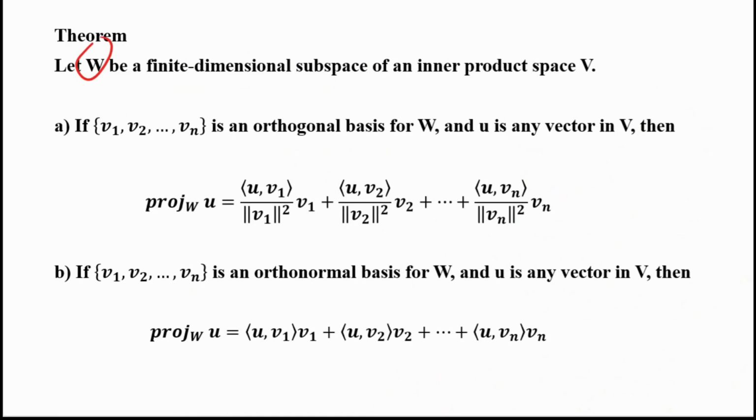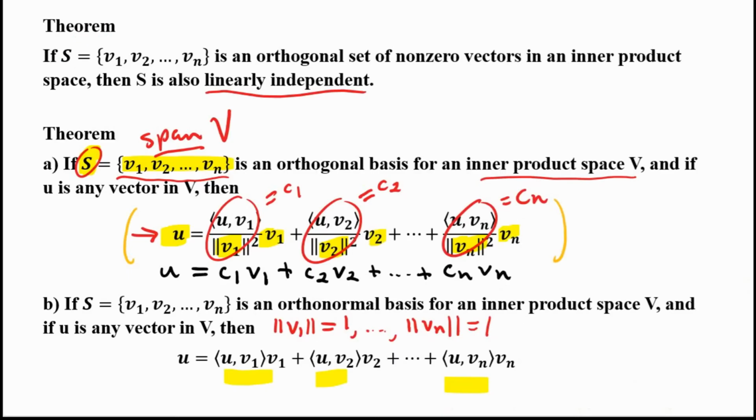So if these n vectors are an orthogonal basis for W, then u is any vector in V. Then we can express the projection of u onto W with the very same definition that we established earlier. There's no difference.